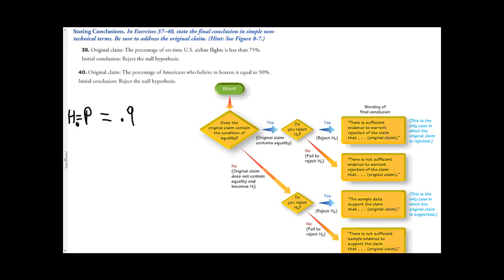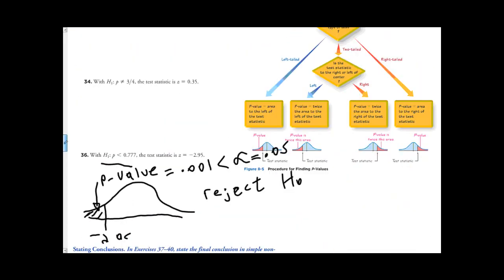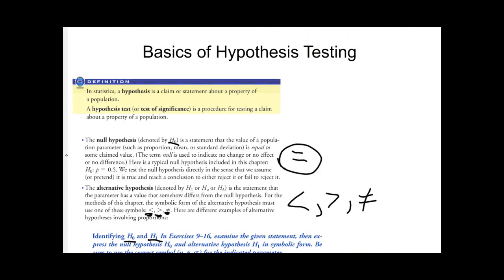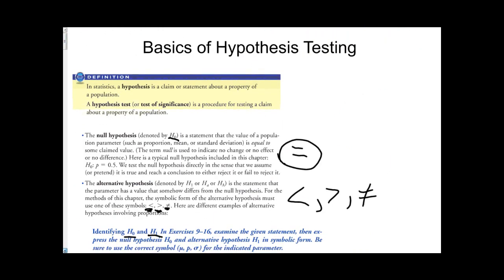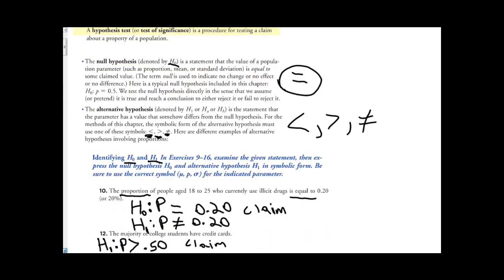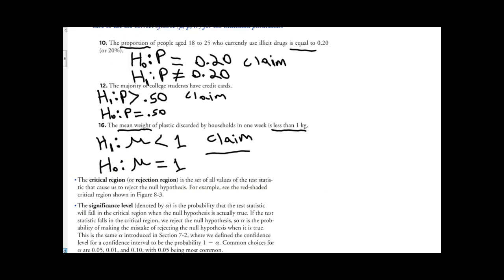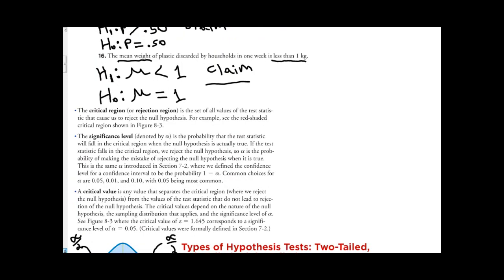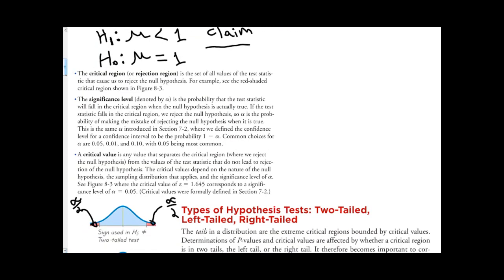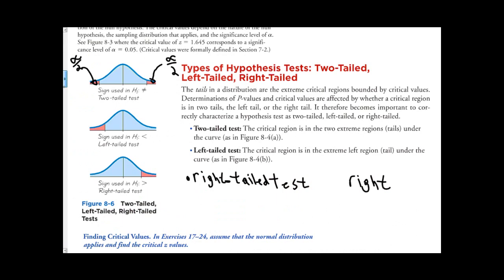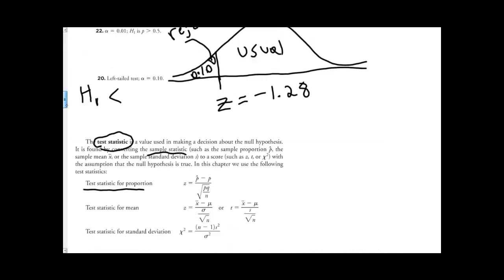So this is the null hypothesis. The null hypothesis is that the percentage that believe in heaven is 90%. Let's get you back down here.